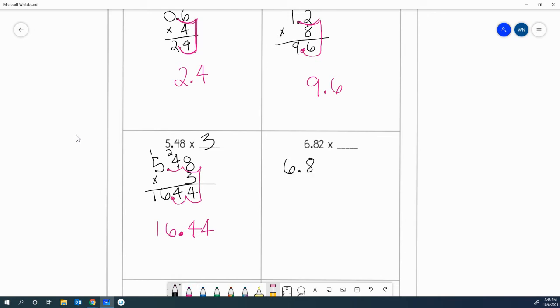6 82/100 times 5. Stack it up just like you would regular multiplication, and let's multiply. 2 times 5 is 10. 5 times 8 is 40, plus 1 is 41. 6 times 5 is 30, plus 4 is 34, 35, 36, 37, 38, 39.